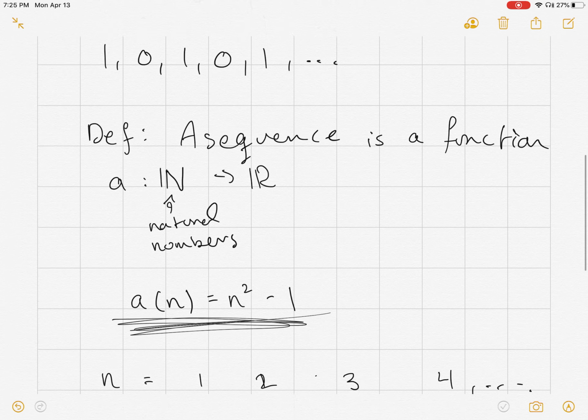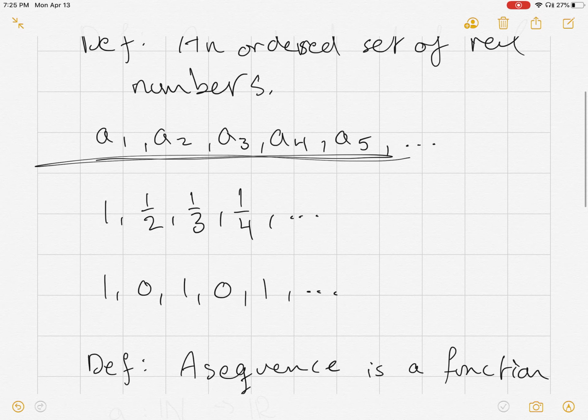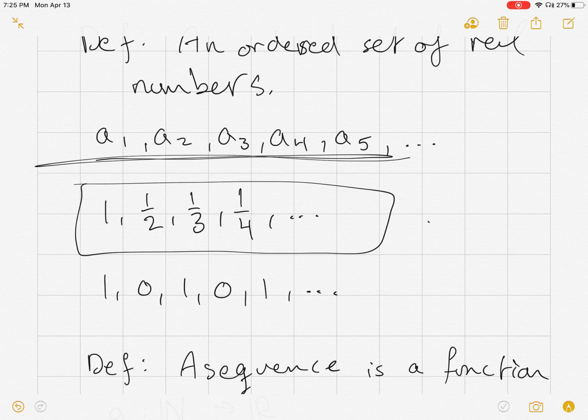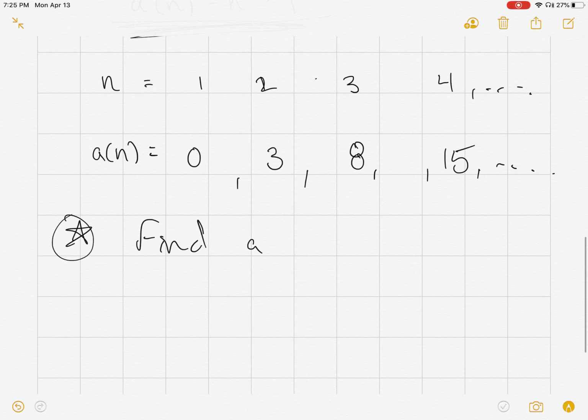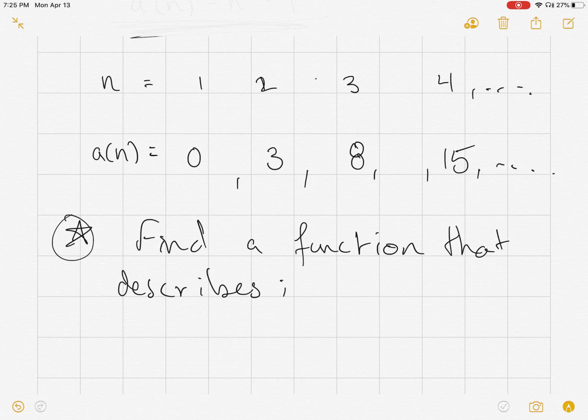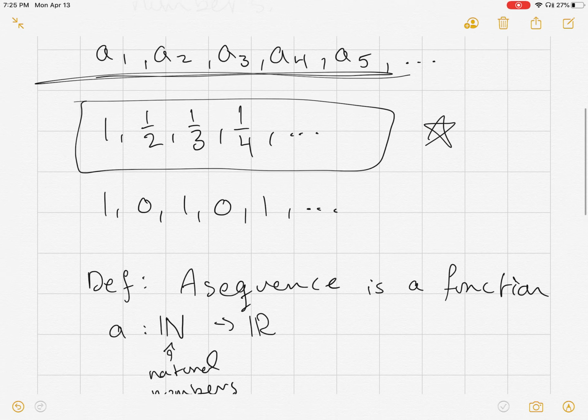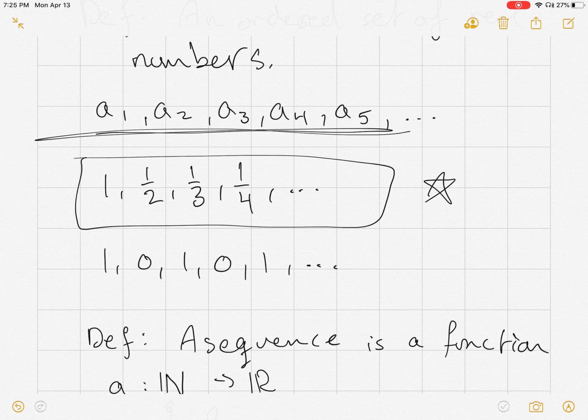We can also look at this sequence right here. I'm going to call this star, and we take star and we can find a function that's going to describe it. So before, with our star, we had 1, 1/2, 1/3, 1/4, right? And we can see the natural number that is that term is in each of the terms.